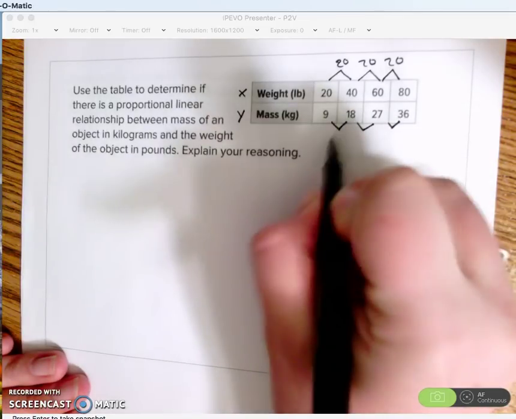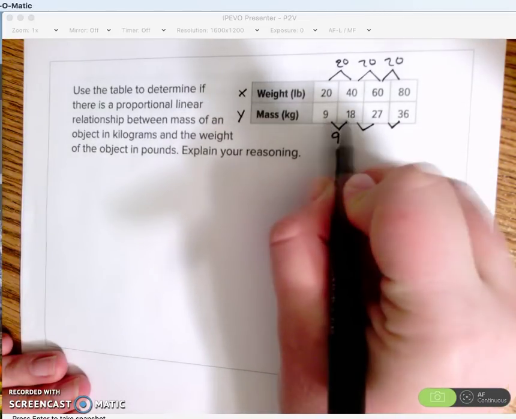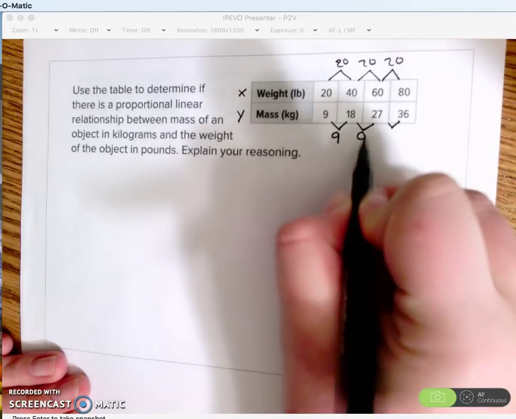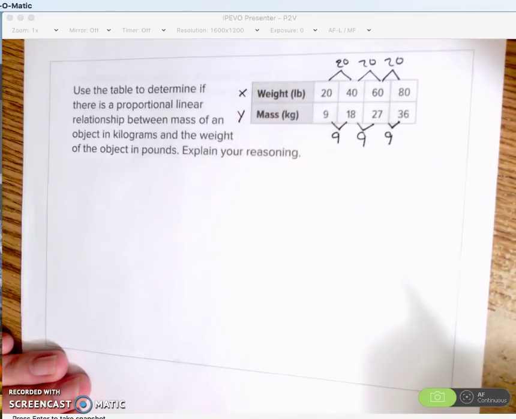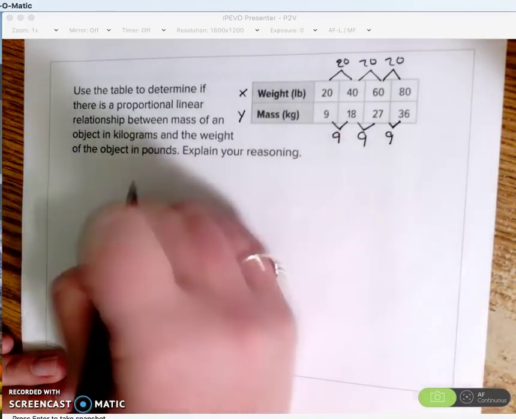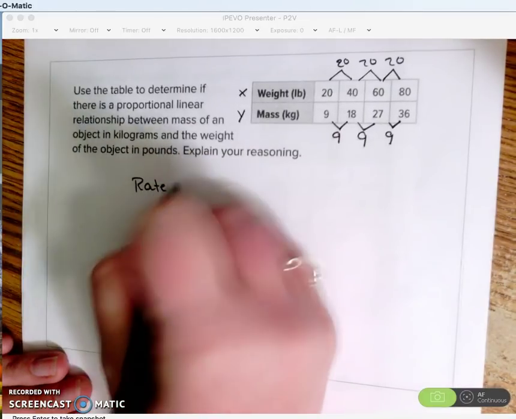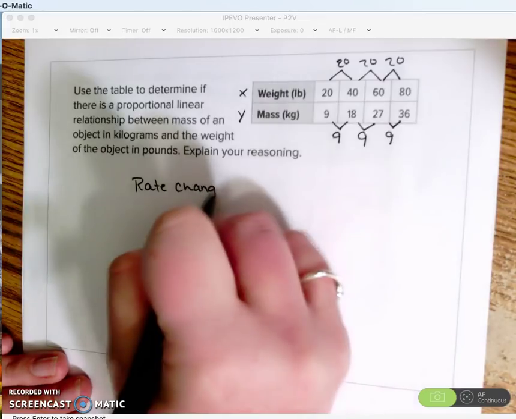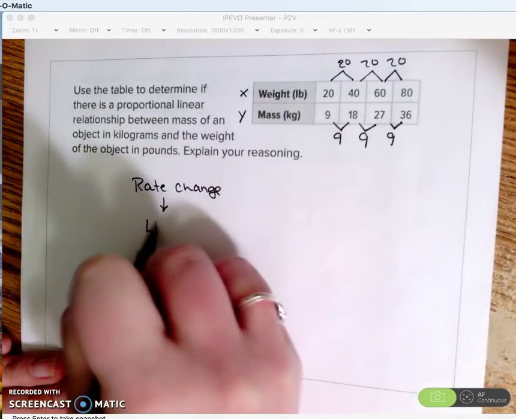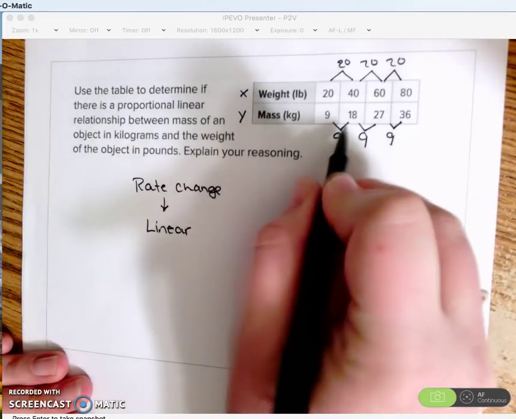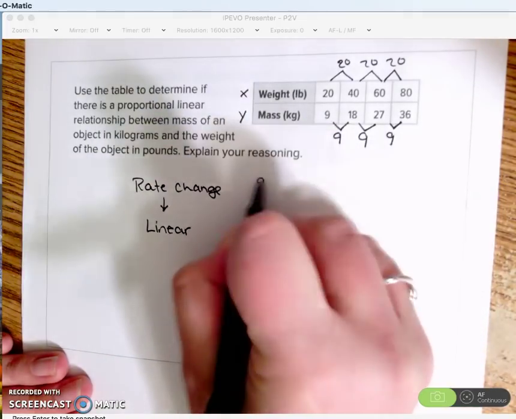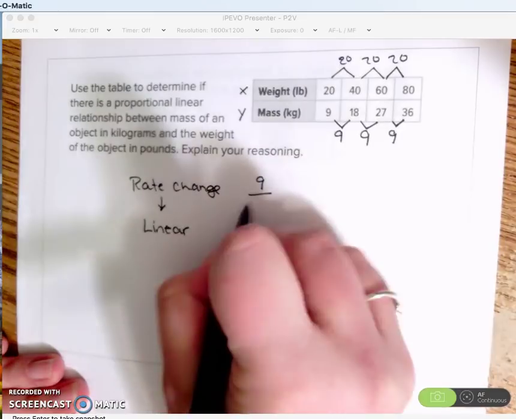So I add 9 to 9 to get 18, 9 to 18 to get to 27, and 9 to 27 to get to 36. So my rate of change is constant. So that means it's going to be linear. I'm going to do the change in the Y, 9 over 20.